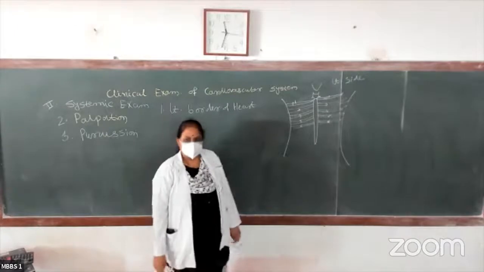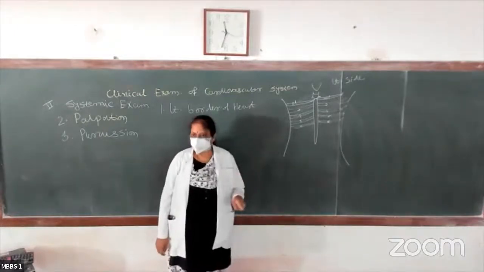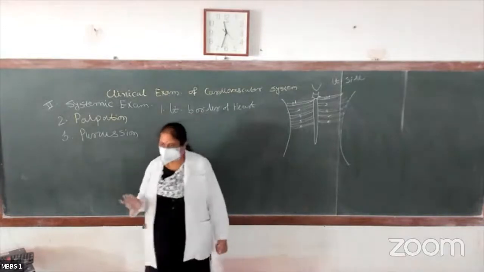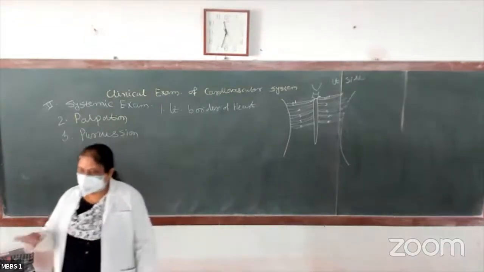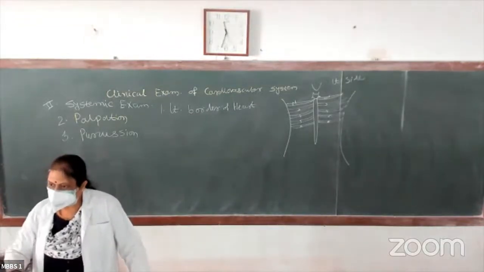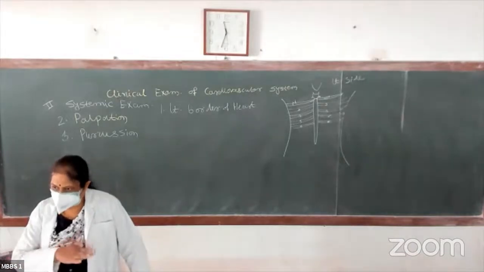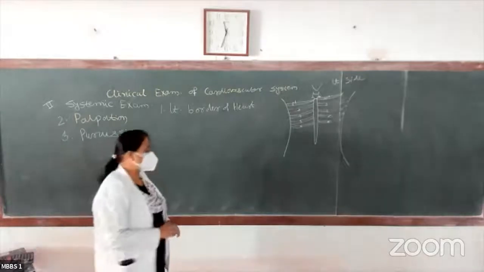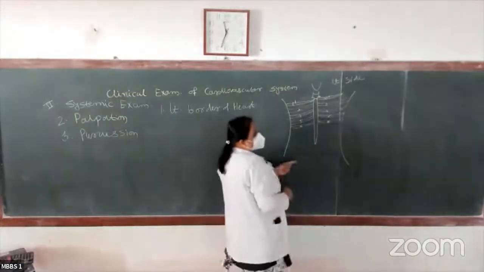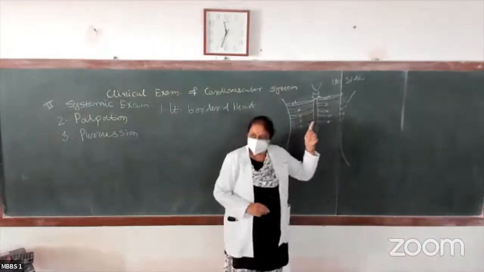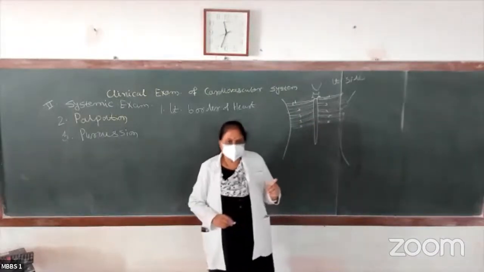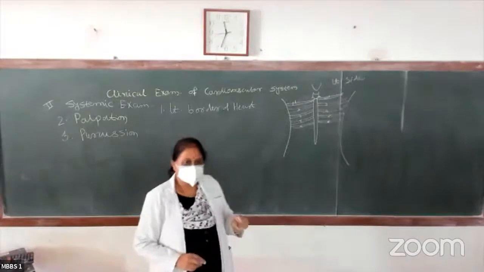So, first locate the apex beat. First observe. If you see the pulsations, then feel the thrust with the flat hand in the left intercostal space. Then locate it with the index finger and mark. Then how to count the ribs and the intercostal spaces?